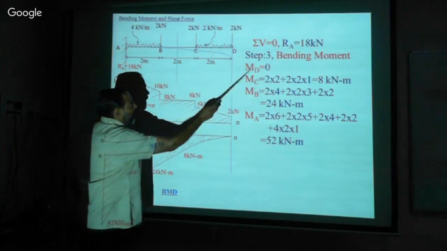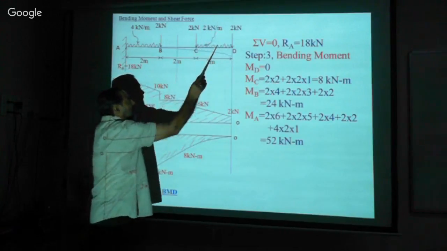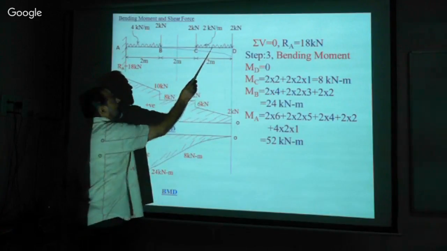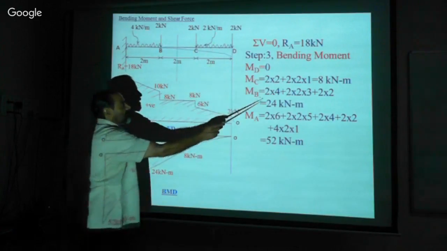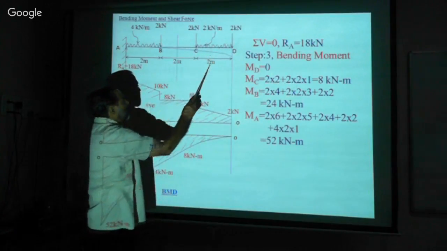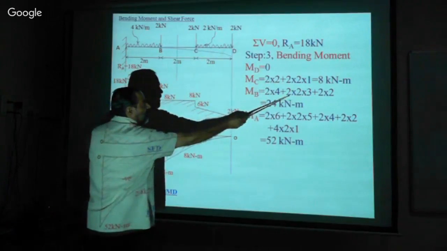UDL already we have calculated, it is 2 into 2, 4 kilonewton, which is acting at the center. Now therefore, from here, it is 2 plus 1, it is 3 meter. 2 into 2, that is load into distance. That is from here it is 3 meter. That is what I have written.